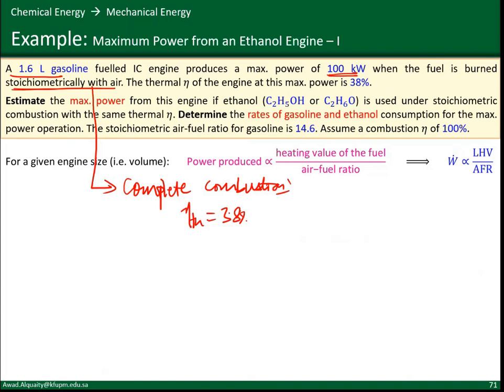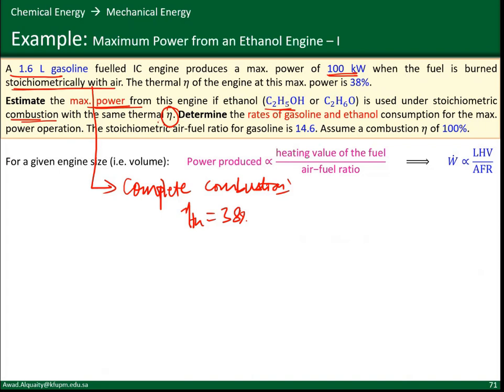Now, we want to estimate the maximum power from this engine if we use ethanol as a fuel instead of gasoline. We are told that ethanol also undergoes stoichiometric combustion and has the same thermal efficiency. That's the constraint we are putting.